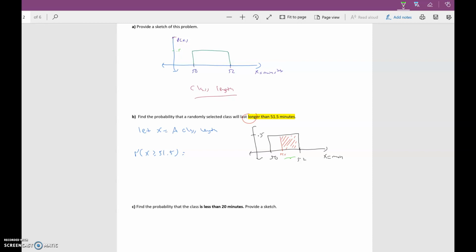That's 52 minus 51.5, which is 0.5. So that's 0.5 times an actual height of 0.5. This is going to be 0.25. So this is our final answer.